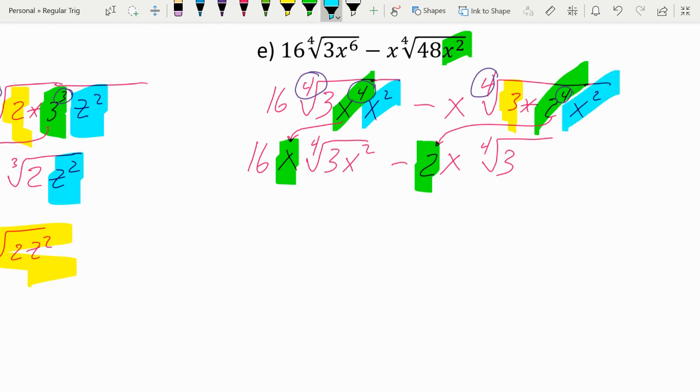And then x squared, I can't do anything with it, so I'm going to rewrite it. And there it is. Now let me just rewrite it one time because of all these colors. Looking all psychedelic, it's starting to freak me out.